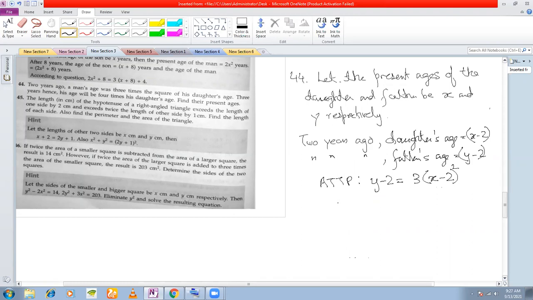Okay. Let's leave it here. Let's see the next condition. 3 years hence, his age will be 4 times his daughter's age. So 3 years hence, daughter's age is x plus 3.